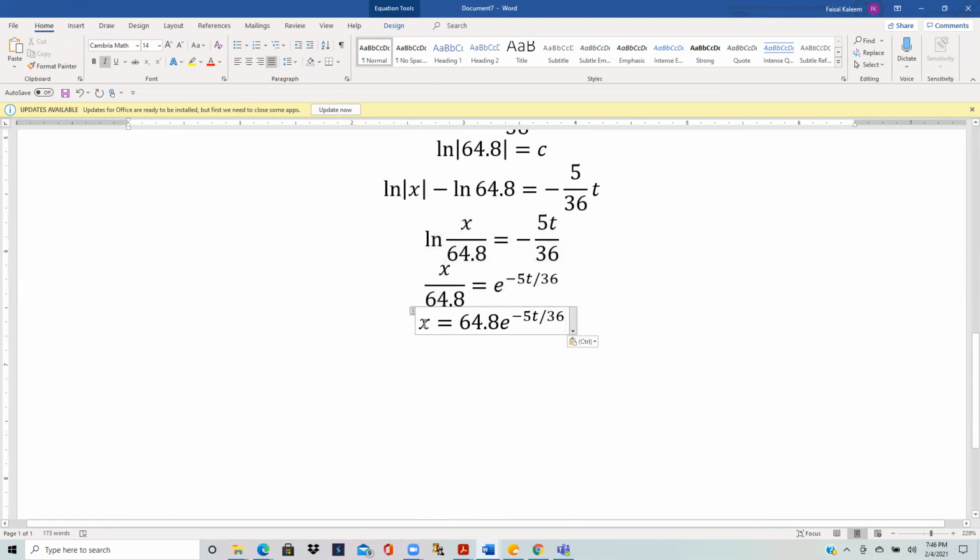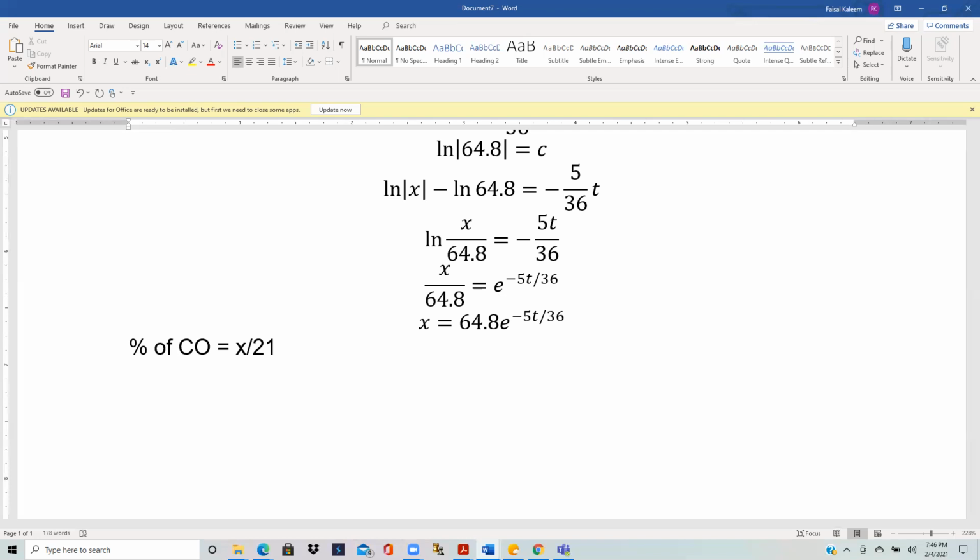Now this is the amount of carbon monoxide, so we can find the percentage by taking the amount divided by the volume, times 100. So basically you divide this by 2160 and multiply by 100.